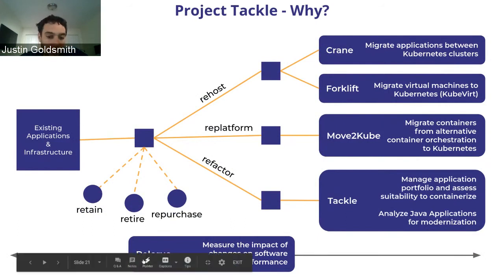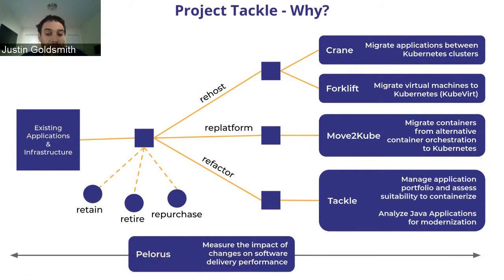And I don't want to forget about Polaris, which is a set of dashboards that measures how well we're doing in deploying into OpenShift.